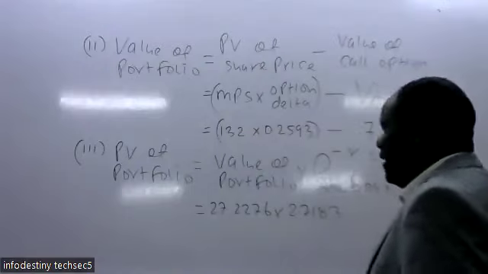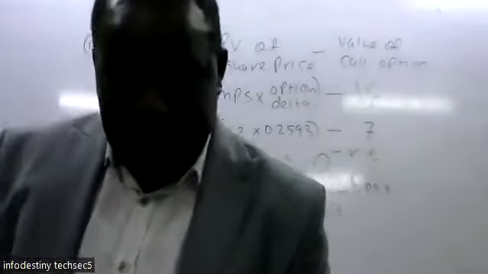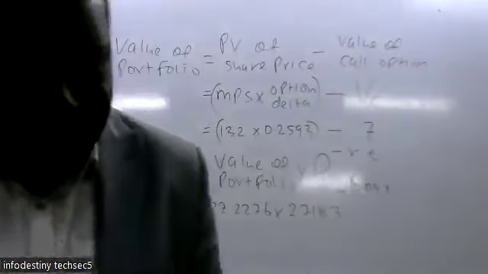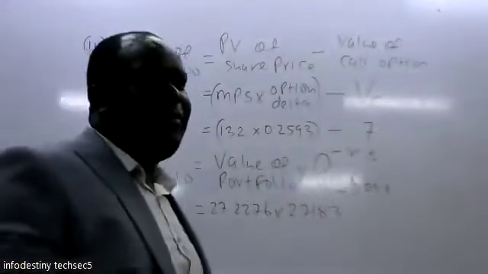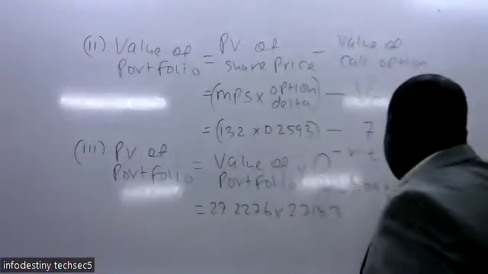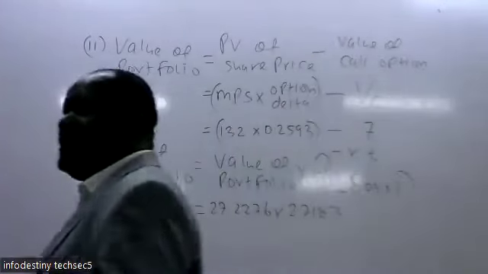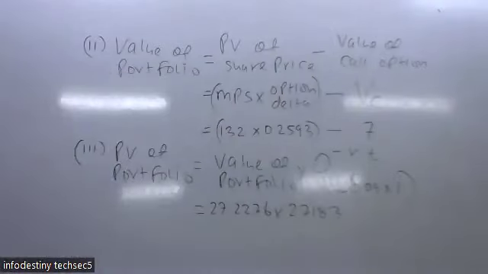T is the time, which is given under required. You can see under required, they were asking you to get the value of the call option for 1 year. So T is 1 year. T is given as 1 year.